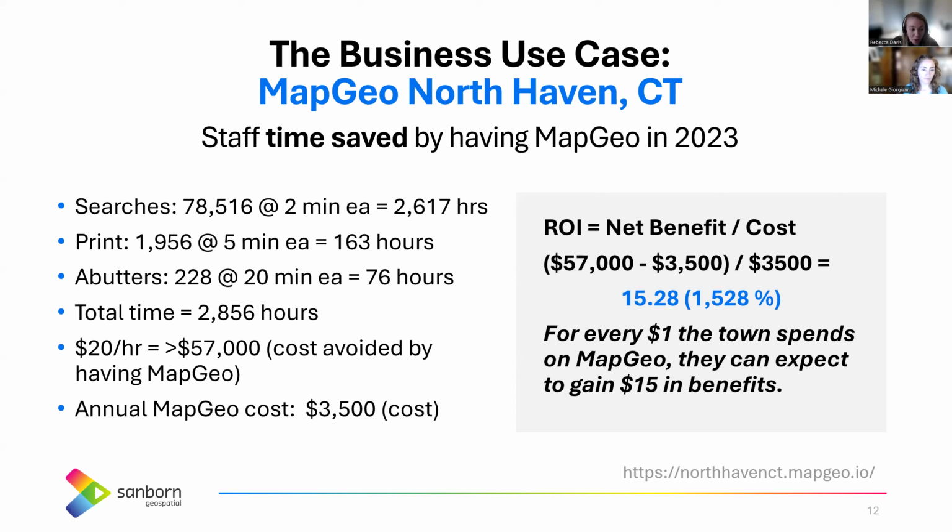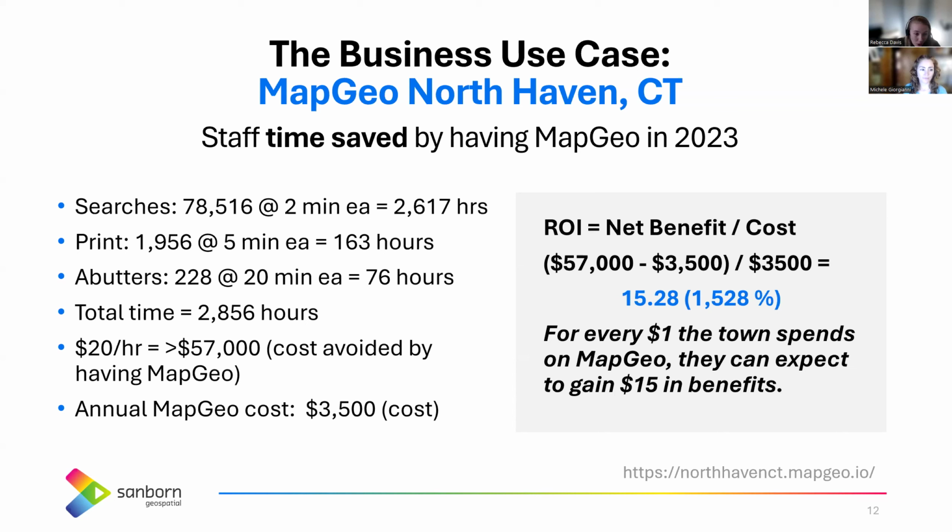So the math and the numbers alone, just looking at them, you know that this is going to be a positive return on investment. So doing the math on the right-hand side, we have our net benefit, which is the cost that was saved by the town, minus the MapGeo subscription, and then divided by the cost itself of MapGeo, so the 3,500.